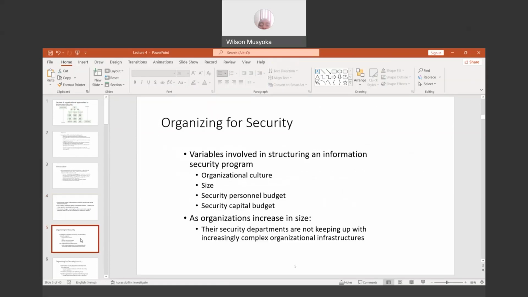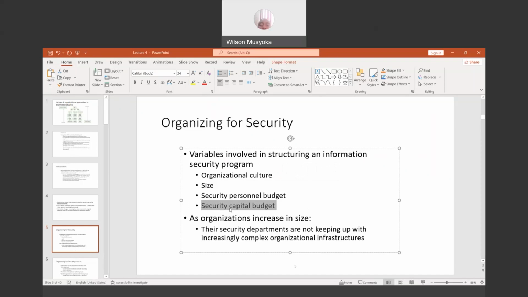So how do we organize for security? The variables involved in structuring the information security program are going to be the organizational culture, the organization size, security personnel and budget, as well as security capital budget. That is why the top-down approach was important, because you will need the personnel, and you will also need the budget for the infrastructure.